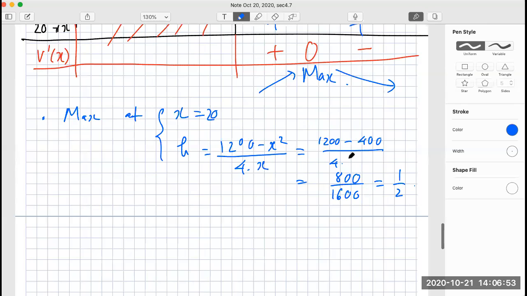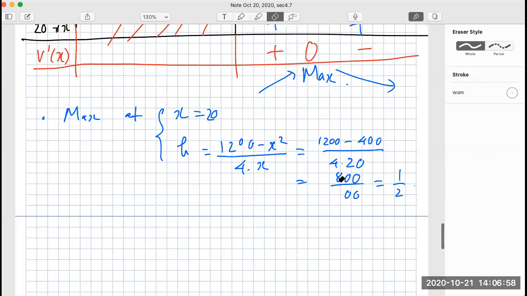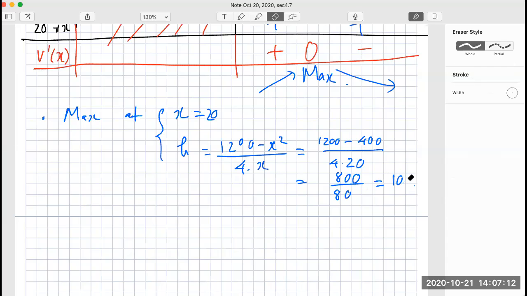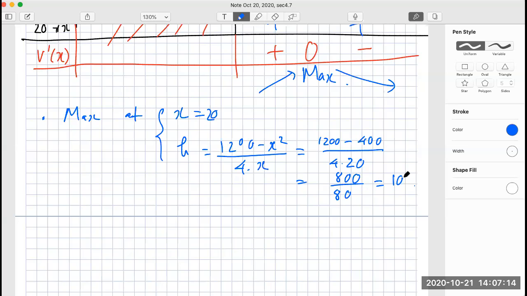Just copying and we make mistake. Okay, if it is 20, then it would be 80, then it will be 100. Very good. Oh, yeah, 10. My bad. Very bad at calculating this.